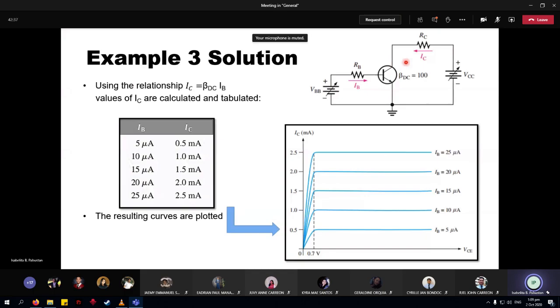You can read the voltage when you connect the meter across. For voltage, it should be across. For current, it should be in series. In the actual experiment, you simply remove the wire here and place your ammeter, connecting one terminal to the collector and the other probe to the RC.